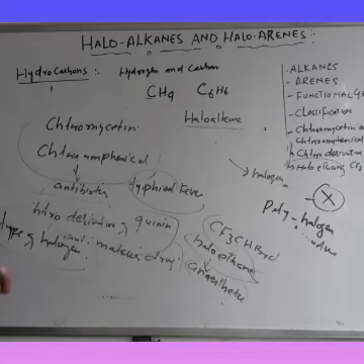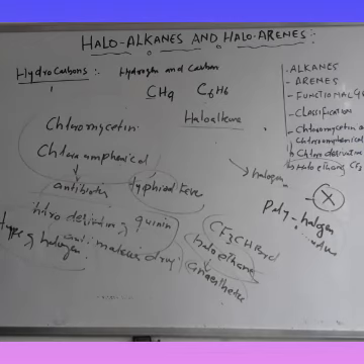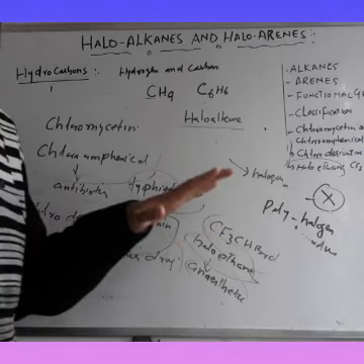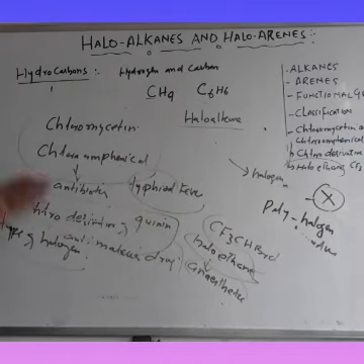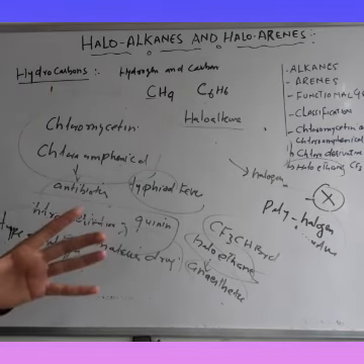If they contain chlorine, they are called chlorine derivatives. If they contain bromine, they are called bromine derivatives. If they contain iodine, they are called iodine derivatives. So on the basis of type of halogen, these are also classified into 4 types: fluorine derivatives, chlorine derivatives, bromine derivatives, and iodine derivatives.